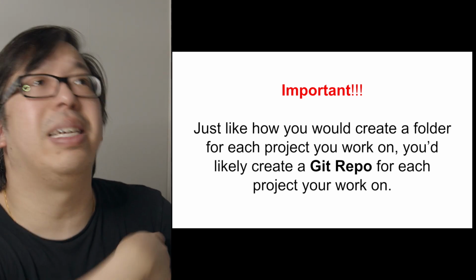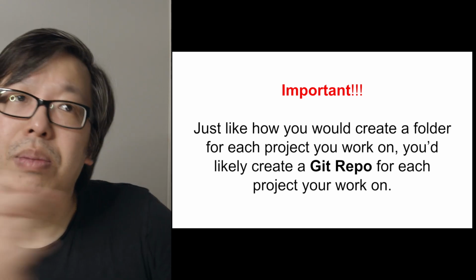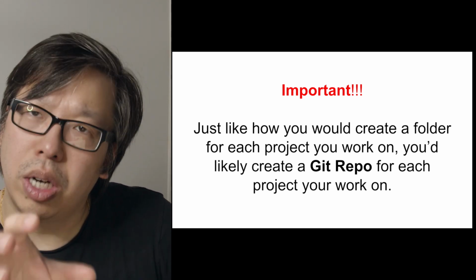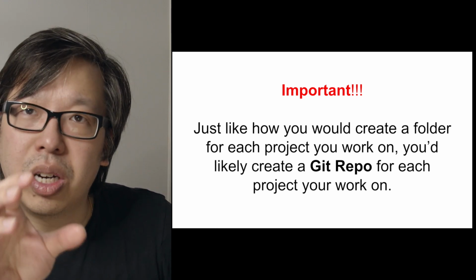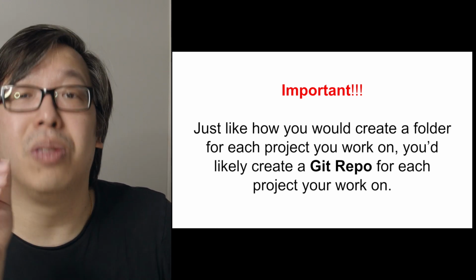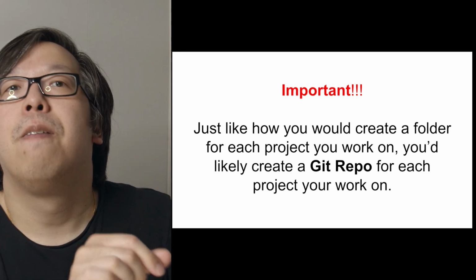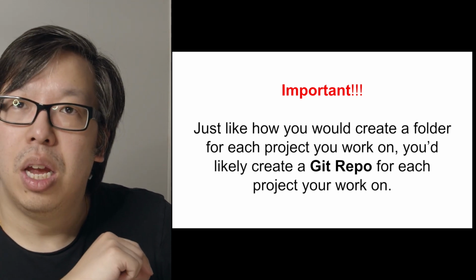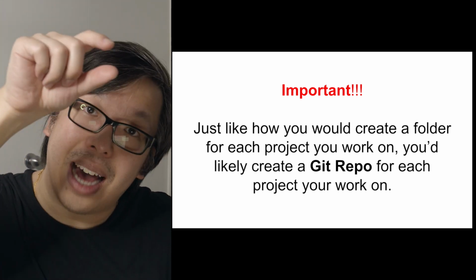So let's say you build 10 websites. Well, every one of those websites should have its own folder, okay? What you probably want to do, and the most common thing you want to do, and I'm just telling you right now, this is what you should do, is every single one of those folders should be a Git repository. Not the folder on top of that.